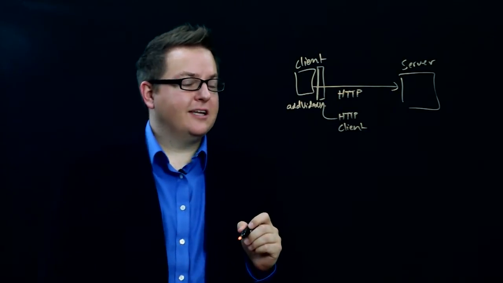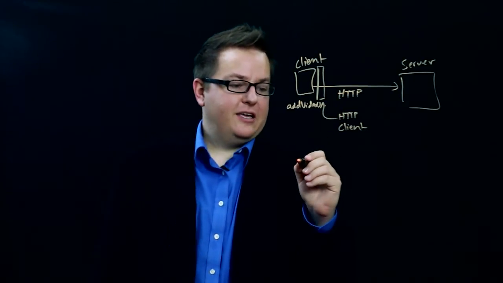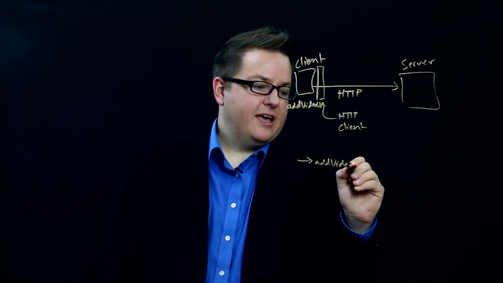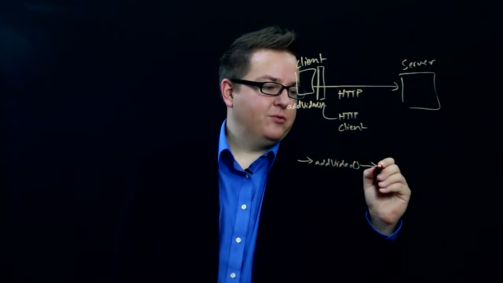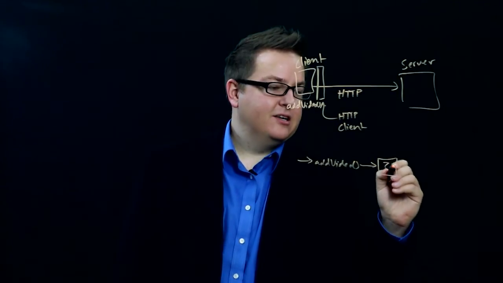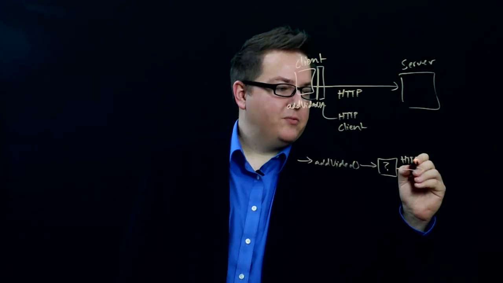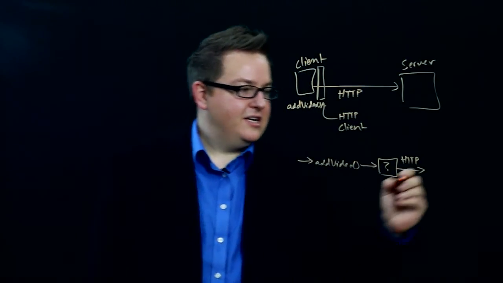What we would really like to do is just directly call add video and then have whatever library we're using, this black box, automatically translate that into the appropriate HTTP calls that need to go to the server.